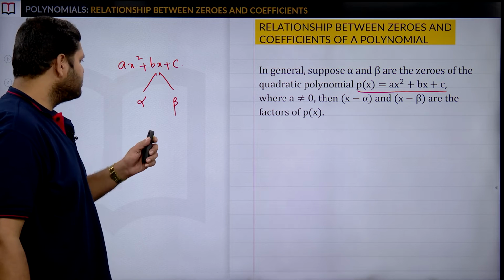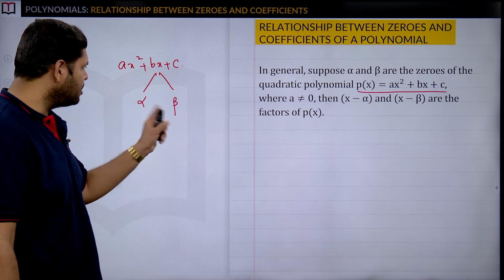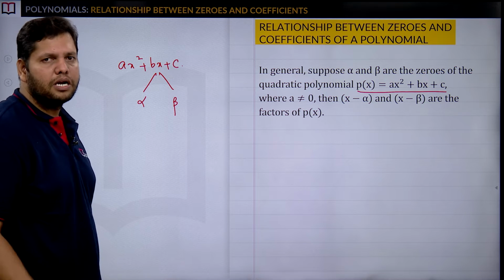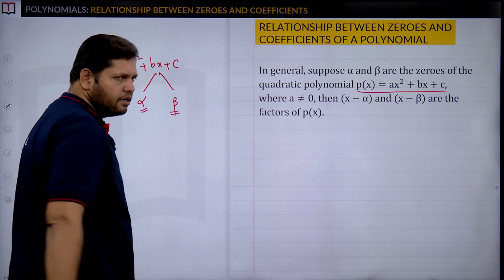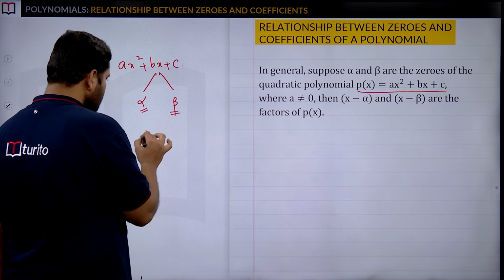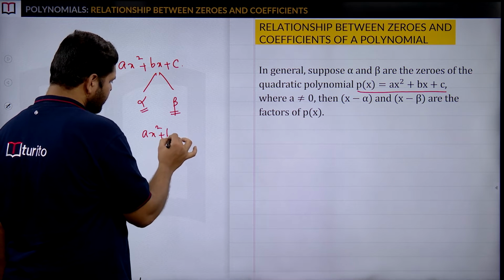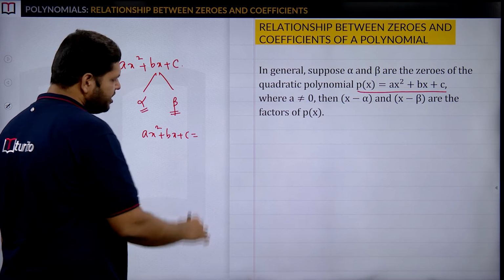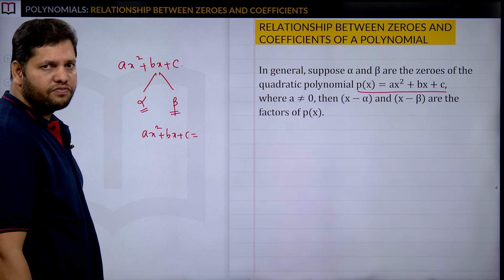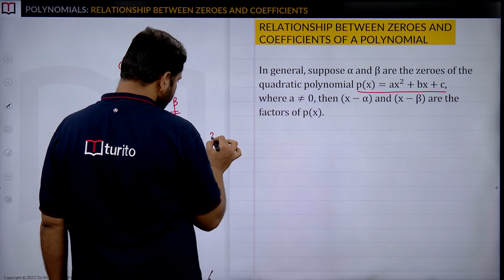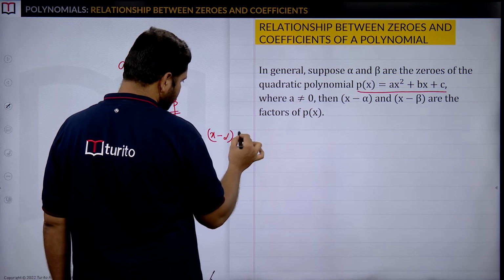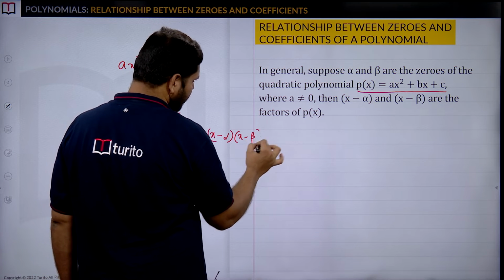Alpha is representing one zero of the polynomial and beta is representing another zero of the polynomial. So alpha and beta are both the zeros of the polynomial. Okay. And so ax square plus bx plus c, we can write in factorizing form. Alpha is one zero and beta is the other zero, so we can write x minus alpha and x minus beta.